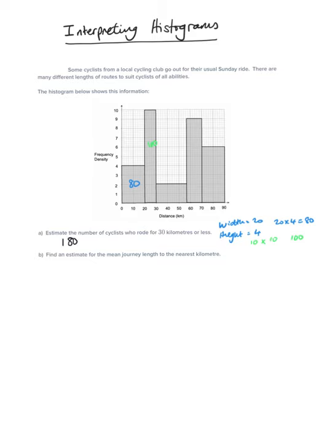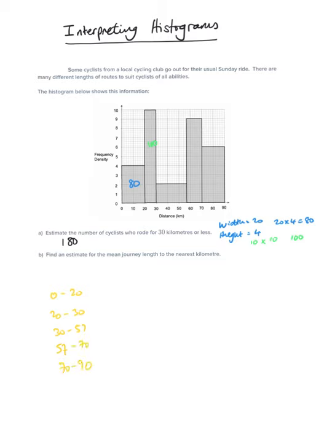And to work out the mean, I'm going to need to do what I always do for group data. I'm going to need to know how many people there are in each of those bars to start with. We'll just make ourselves a little table. So we've got 0 to 20, 20 to 30, 30 to 57, and 57 to 70, and 70 to 90.